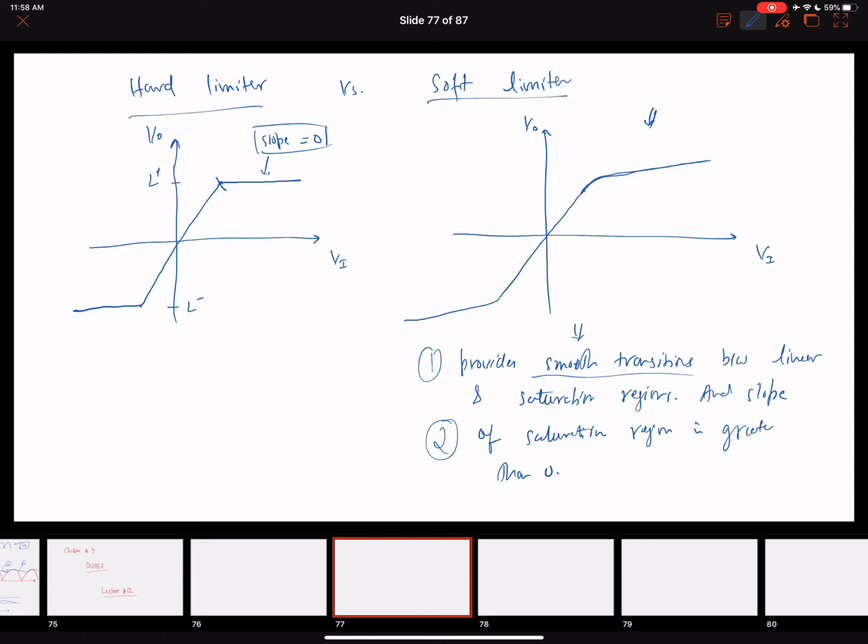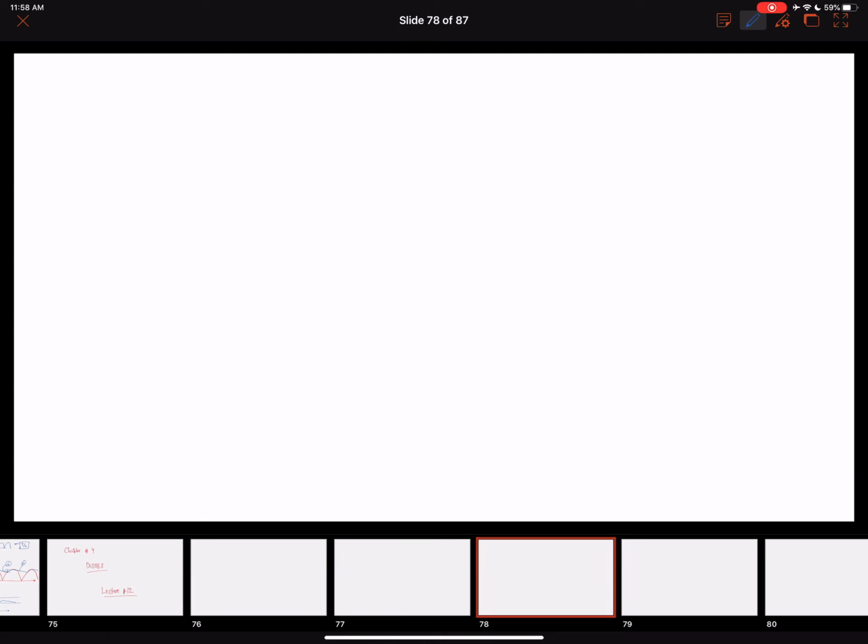All right, now let's do some examples of the limiter circuits. Before we do an example, let me remind you of the real model of a diode. We're going to assume this model now.